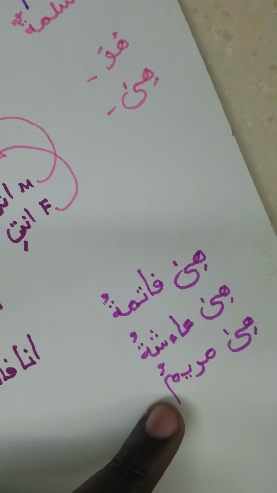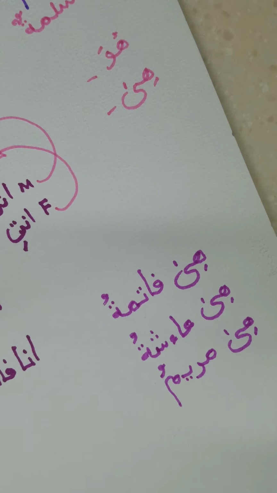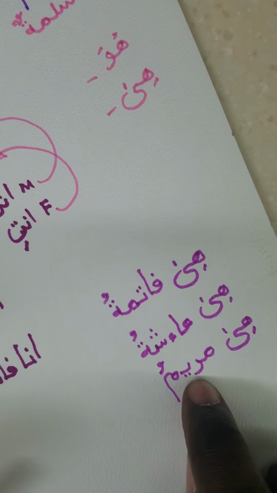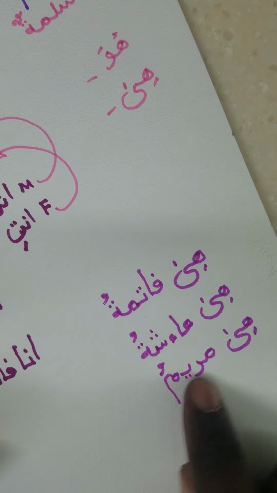Why? Case 1 of Mariam is Mariam, like this. We said all names that are not Arabic will defy the principle. Names that are not Arabic, that's why you have this name.